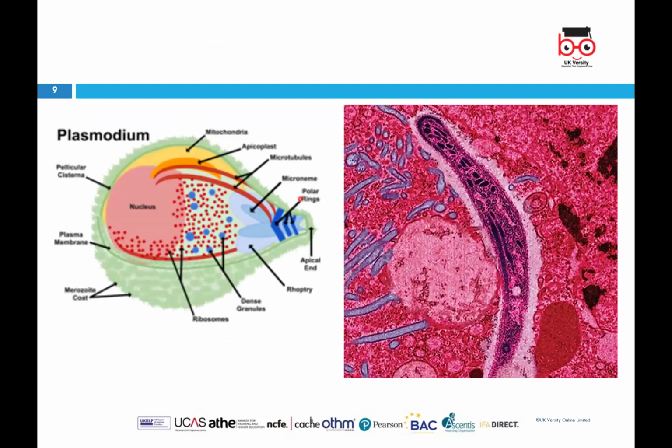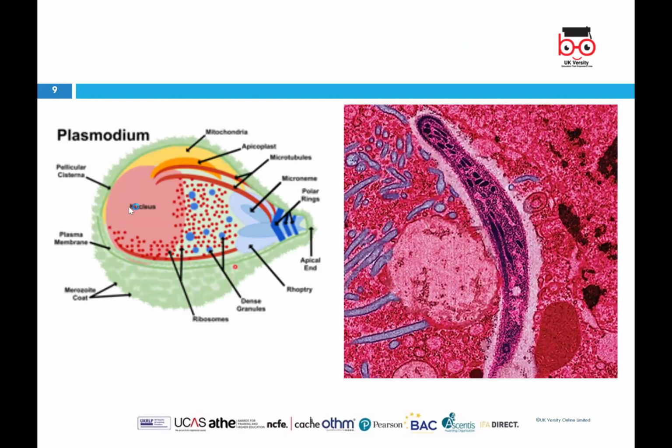This is how you see Plasmodium in the blood of a human being. They have different parts to their body. You have a coat outside their body, a plasma membrane, which has different permeabilities for different anti-infectious agents.